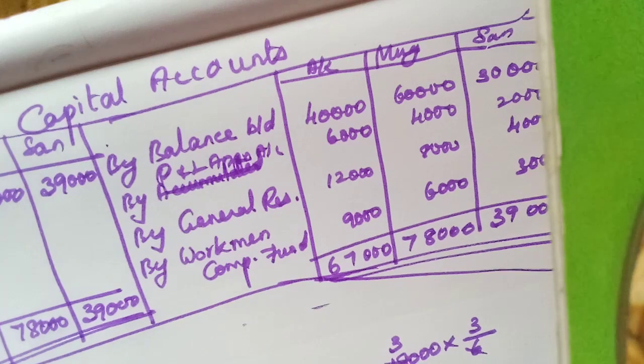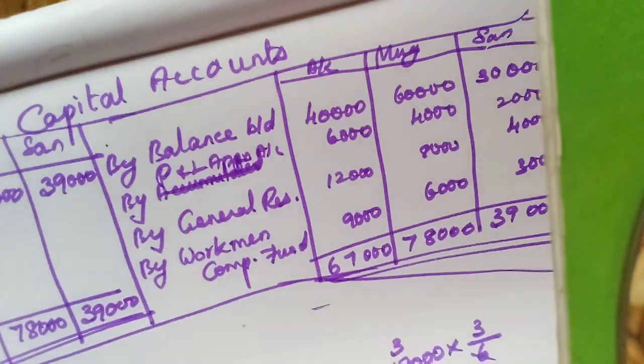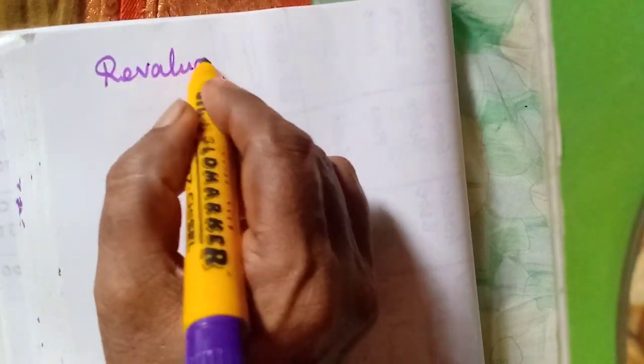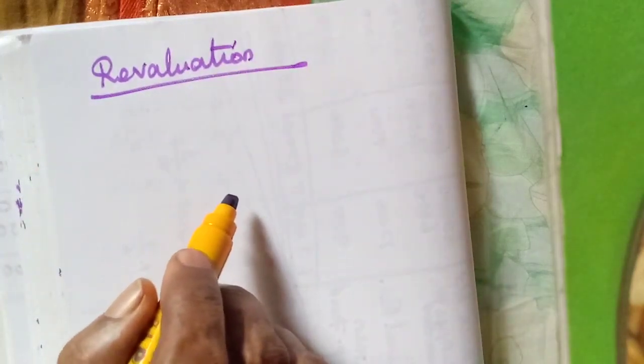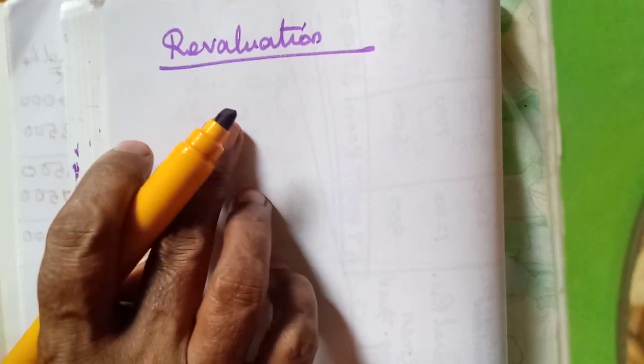Now we will learn the next heading, revaluation of assets and liabilities. We know from admission that if any partner is admitted, the old firm's assets and liabilities are revalued, and the increase or decrease in value will be transferred to the revaluation account, and the profit or loss on revaluation will be transferred to the old partners' capital accounts.